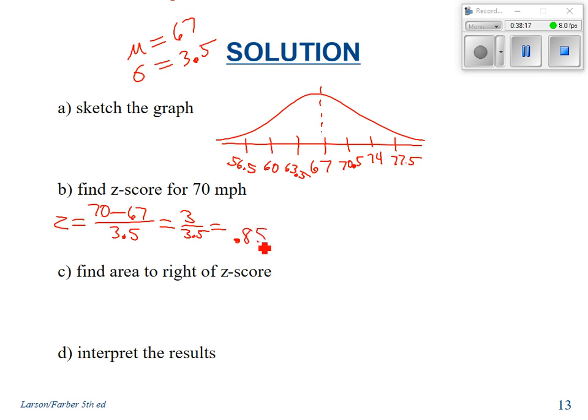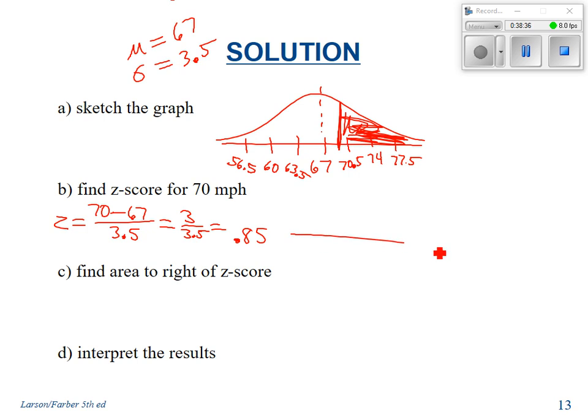So if we're just using the raw scores, we want 70 miles an hour, and we want to find the area to the right of 70 miles an hour. 70 would be right in here. We want to find this area if we're just looking at the raw scores.